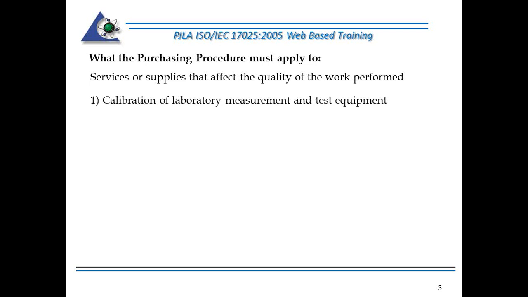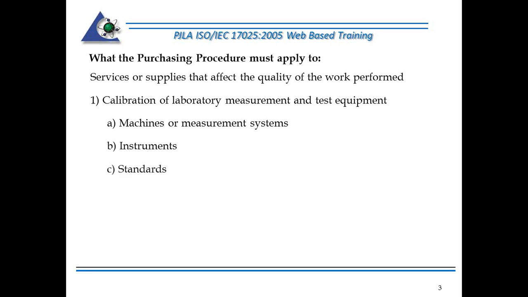Calibration and measurement equipment in the laboratory, test equipment and so forth, is affected by this procedure. Machines or measurement systems, things that are more complex than just simple measuring instruments or test instruments, which comprise a measurement system, are also subject to this purchasing procedure.